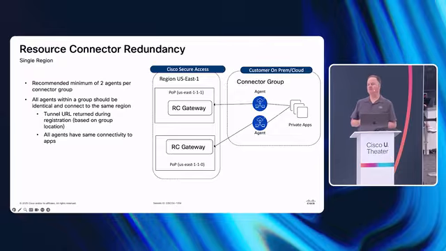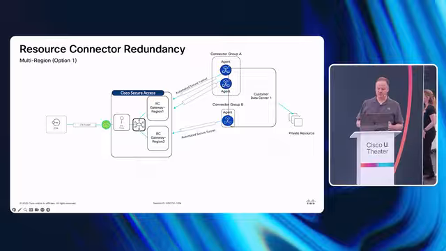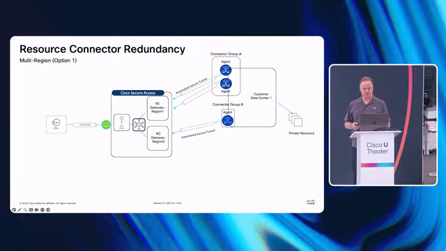We support a number of different redundancy configurations when using Resource Connectors. One is shown here, where you have, again, 2 Resource Connectors created. One is connecting back to a Secure Access point of presence, and another is going to a second one within the same region. Now, if you want additional redundancy, we do support multi-region redundancy with Resource Connectors. So as shown in this example, we have a Resource Connector Group A that has 2 connectors in it.